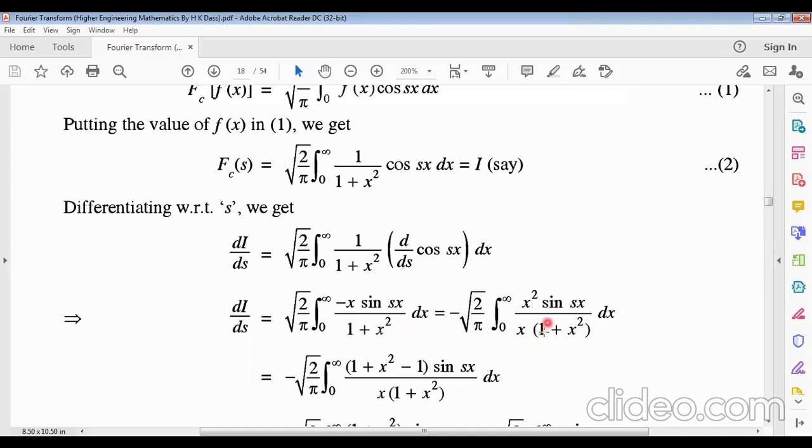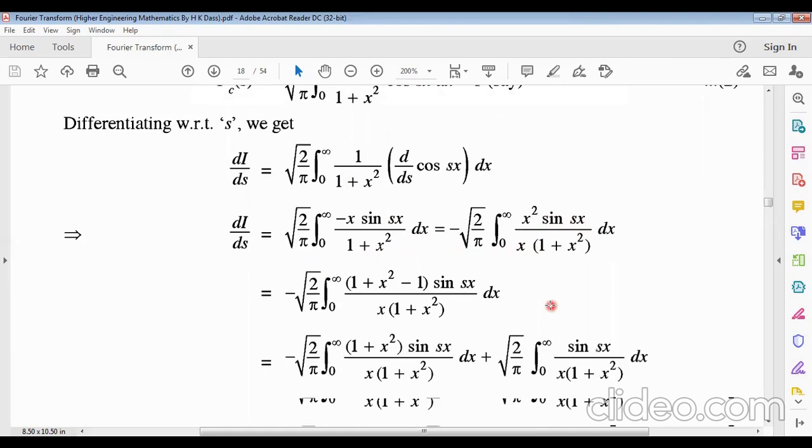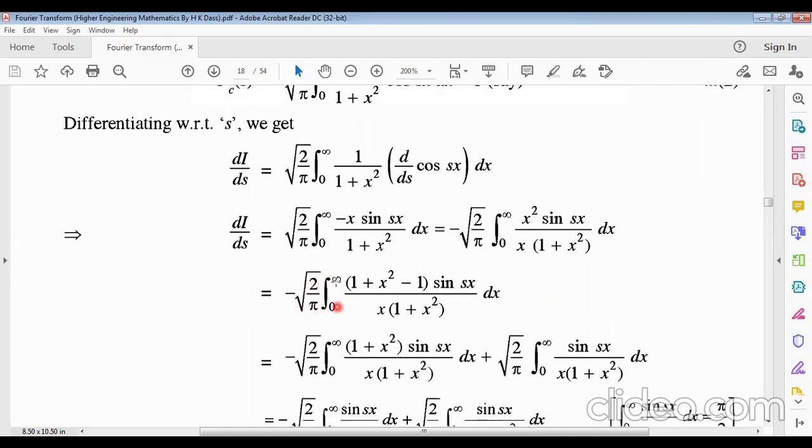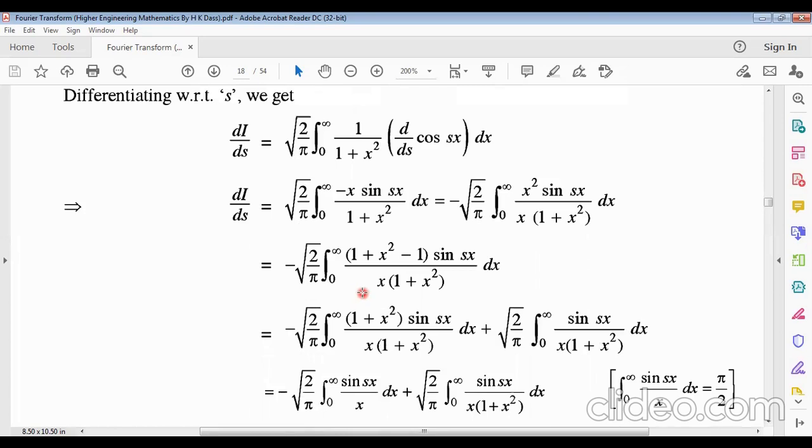Multiplying x in both numerator and denominator, we get this one. So minus root over 2 by pi, integral 0 to infinity, where x square can be written as 1 plus x square minus 1, into sine sx divided by x into 1 plus x square. We are taking this form to perform the integration.